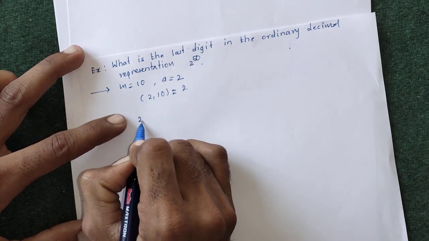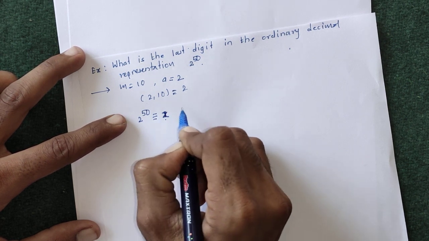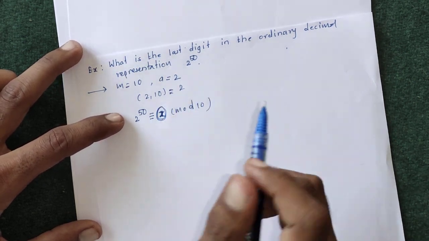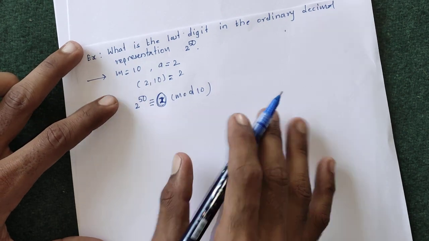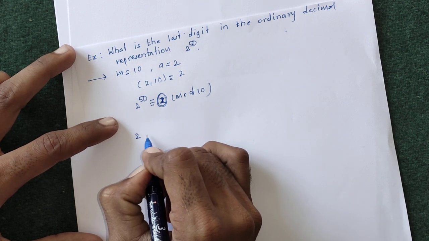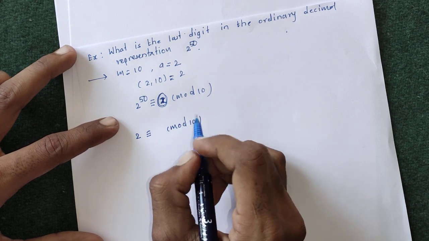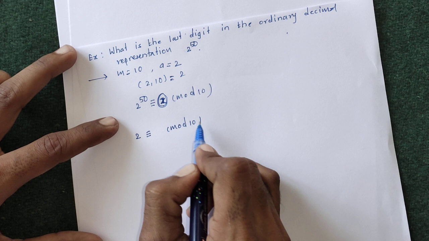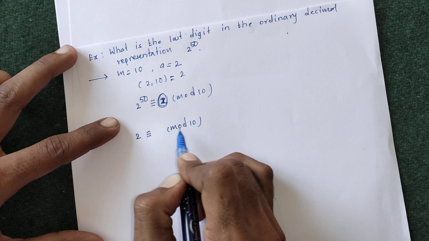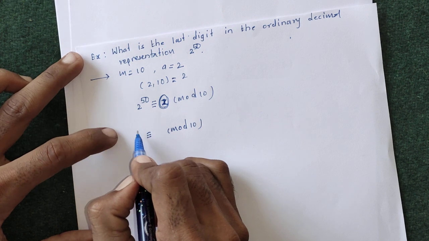We cannot use the theorems, so clearly we know that 2 is congruent to 2 modulo 10, since 2 minus 2 is 0 and 10 divides 0. Again 2 square is 4, and 4 is congruent to 4 modulo 10, since 4 minus 4 is 0 and 10 divides 0. 2 raised to 3, that is 2 cube, is 8.